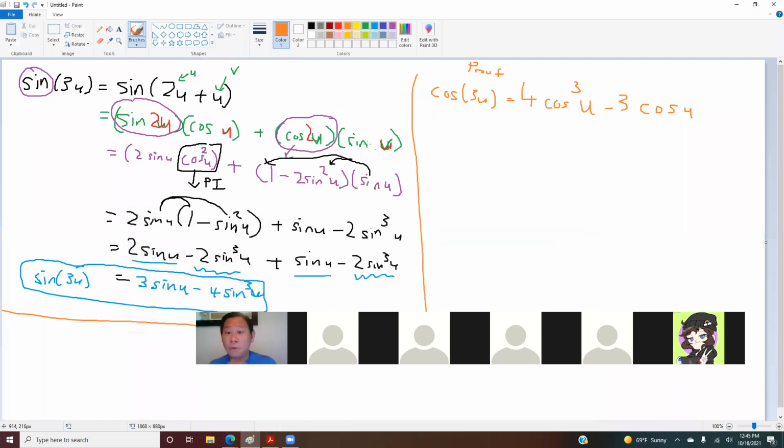So okay, prove cosine 3u is 4 cosine cube u minus 3 cosine u. All right, you guys copy it down? Because I'm going to put you guys in groups.